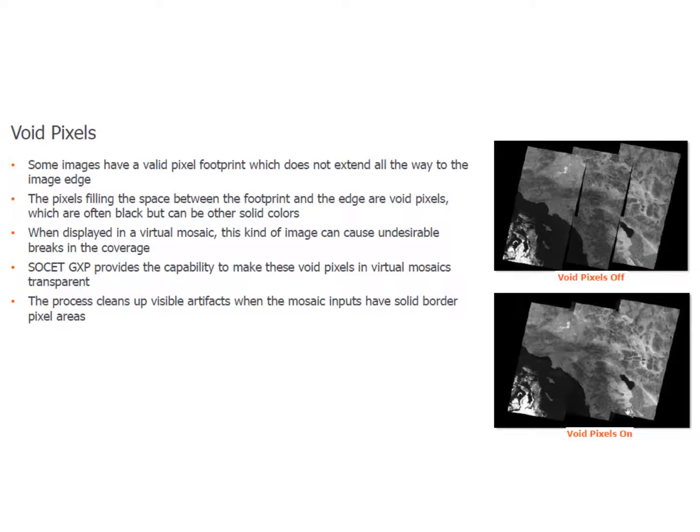And what void pixels does, when you turn this on, it takes those values of nothing and makes them basically transparent, so that when you do the mosaic, you can actually see one data set laid over top of the other set, and you don't see the black areas along the edges of the overlap.